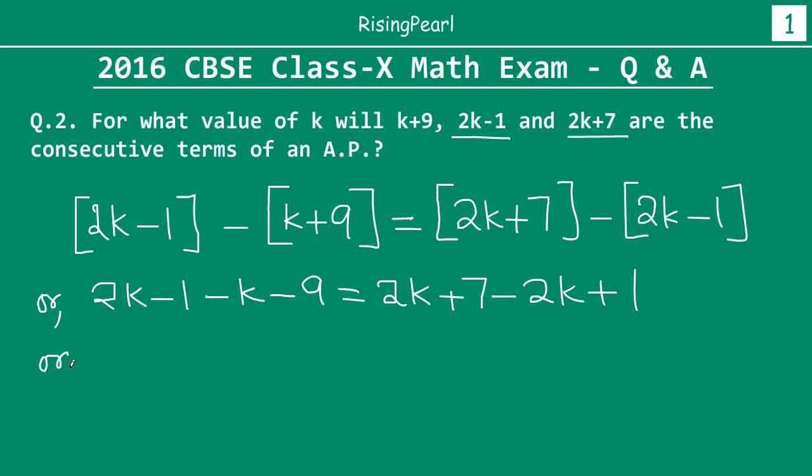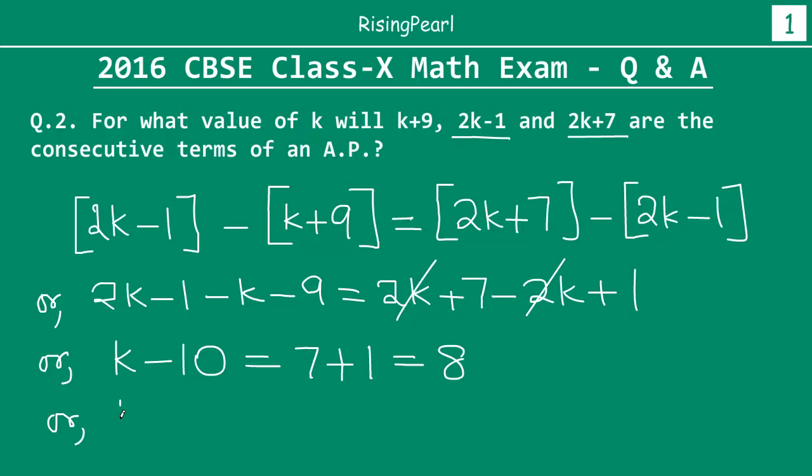Or in other words, 2k minus k leaves k, and minus 1 minus 9 is minus 10, which will be equal to, 2k minus 2k cancels out, 7 plus 1, which is 8.